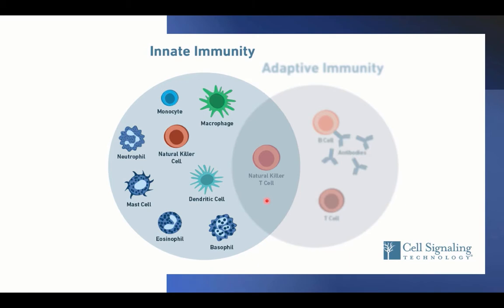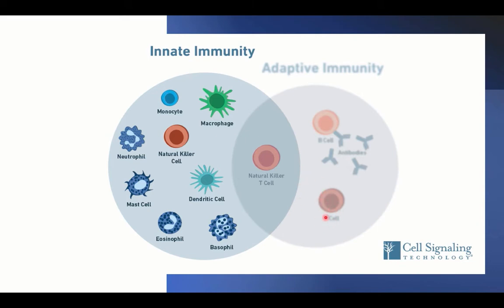Okay, so we have first line immunity against stresses confronting the body. It's called the innate immunity, and the second line is the adaptive immunity. We have one cell that has a role in both adaptive and innate immunity, called natural killer cells. Adaptive or specific immunity is associated with memory, usually the role of B and T lymphocytes.